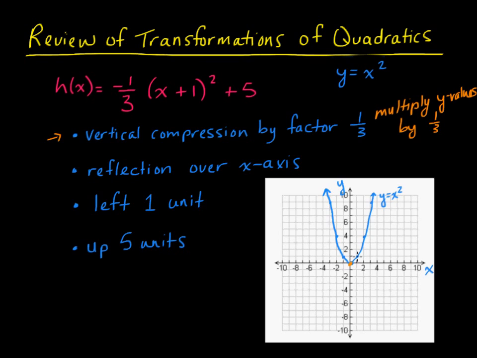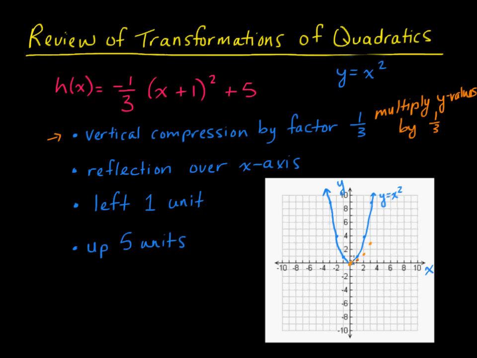The next y value for this point is 1, and so if we multiply by 1/3, we get 1/3. This y value is 4. If we multiply by 1/3, we get 4/3, or 1 1/3. The next y value, this is 9. If we multiply by 1/3, we get 9/3, or 3.